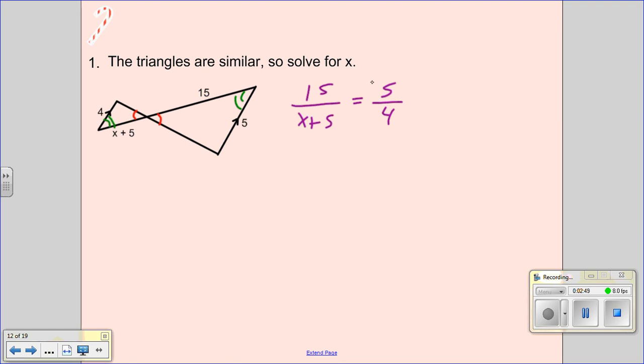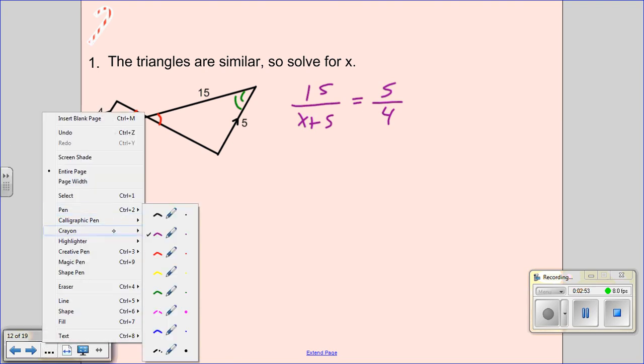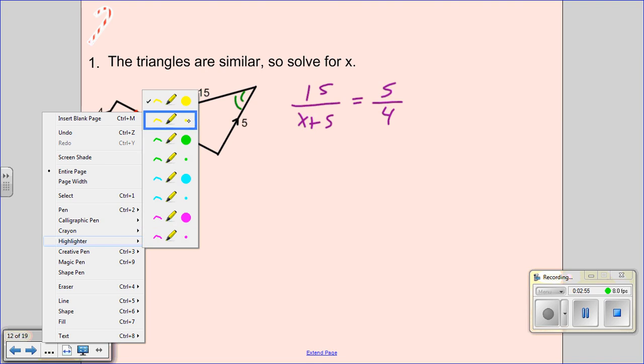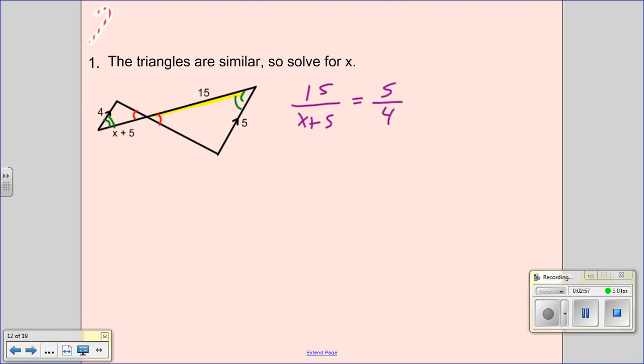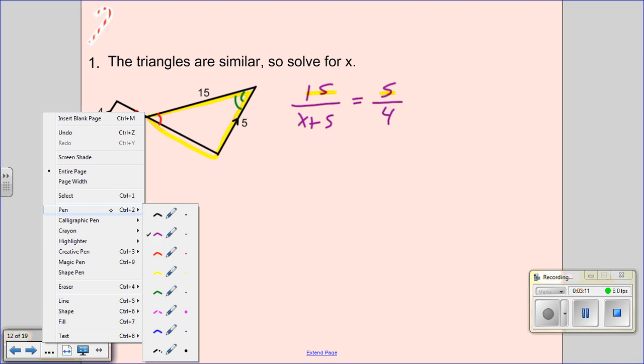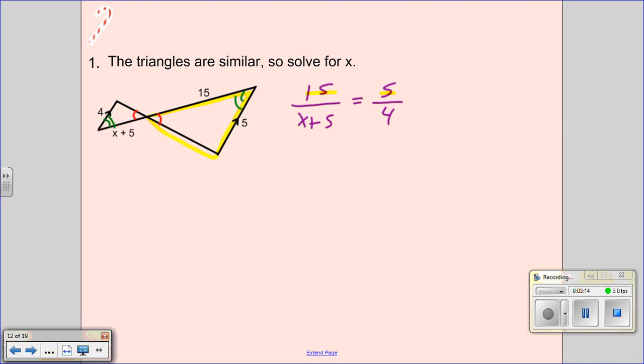So notice, again, everything that came from the right triangle, right here, I put at the top of my proportion. I could have put everything from the right side in one fraction, which is also another way to do this. What I'm saying is I could have done a proportion as like this.